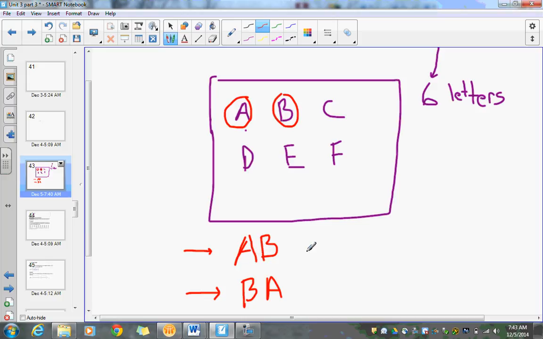But under a combination, the repeat would not count. So under a combination, if you get A and B first, BA is the same exact thing, and this would actually cancel out, meaning this has already been chosen. So when you're dealing with combinations, the order is not important.